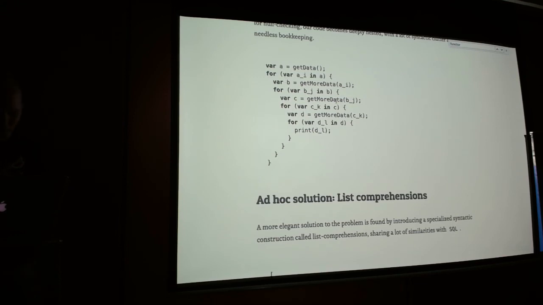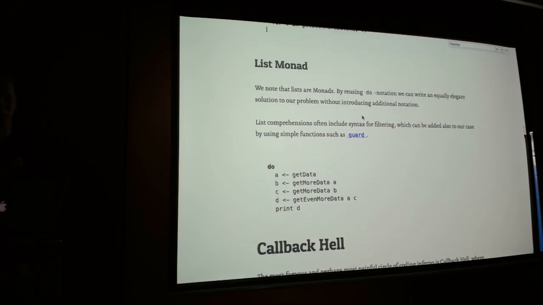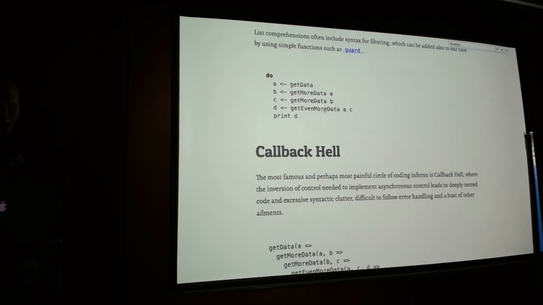And then some languages like Python have list comprehensions, right, that allow you to use a syntax construct to make it nicer. But then again, you have the list or array monad. And you can use the same do notation here and bind to do that, and it still looks nice.